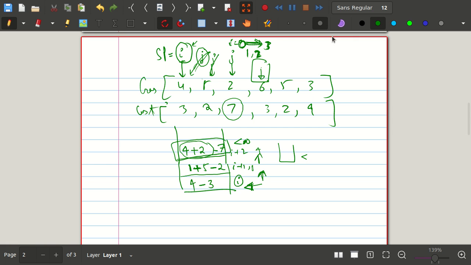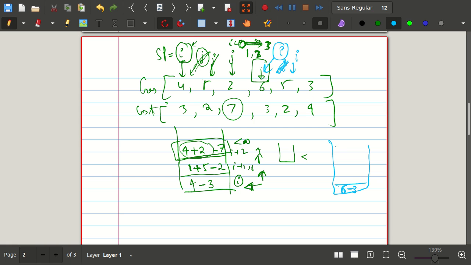Okay, so as I cannot move to this position, I will move my starting position to index 3. I will change my starting position to here, and I will refill my tank with index 6 with gas 6, and it will cost me 3 amount of gas. As I have moved I, I should also move J. As this is positive, I can move to next position with index 3.